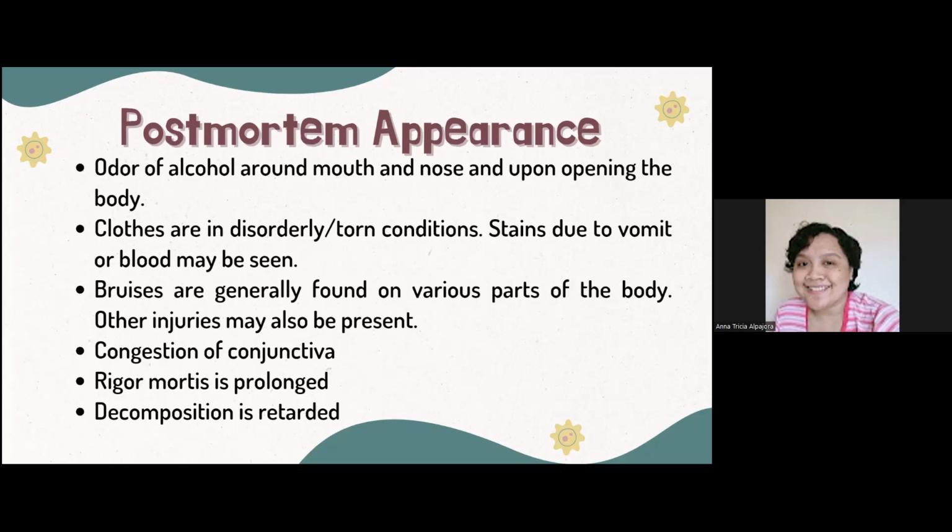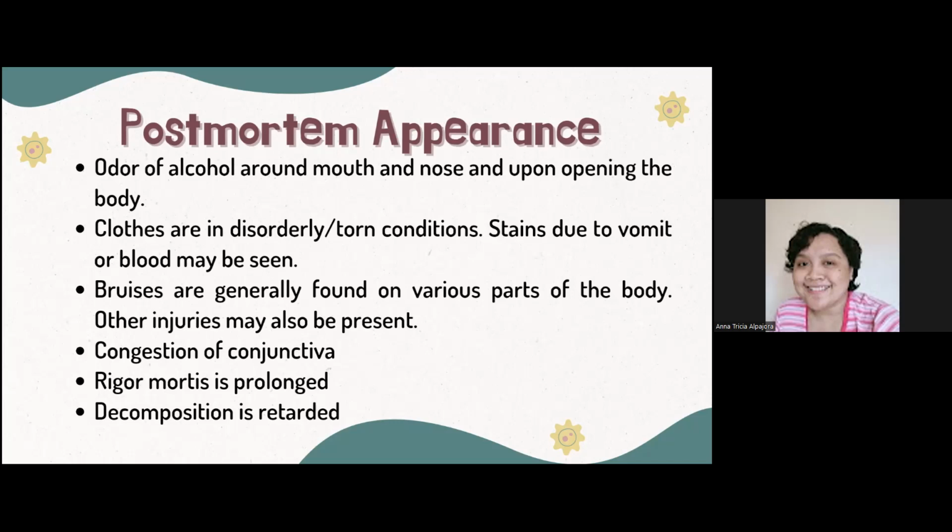Next is bruises are generally found on various parts of the body. So why do we think that magkakaroon ng bruises ang isang taong nag-undergo ng alcohol poisoning is dahil yun nga, since nag-undergo siya ng stage of incoordination or hindi na niya makontrol yung kanyang body movements.